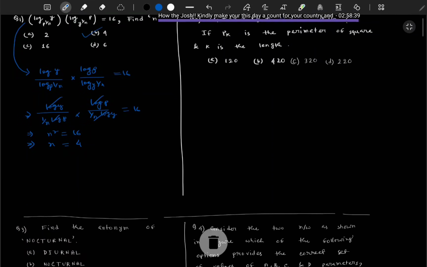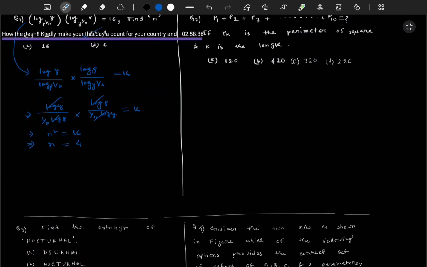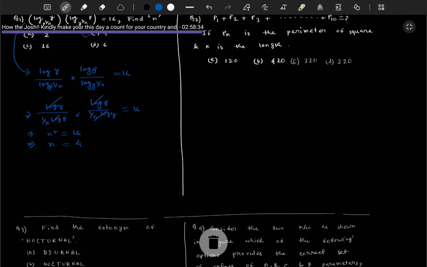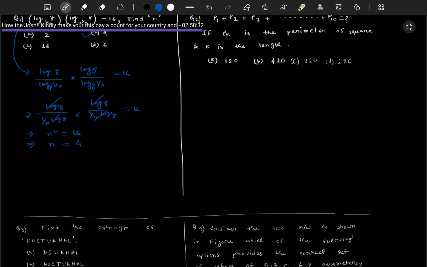Next, this is the question given. P1 plus P2 plus P3 up to P10, we need to find out.